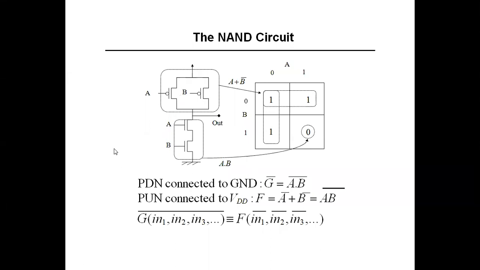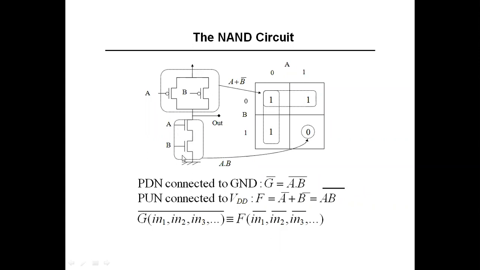Now what happens with the pull down network with the condition A 0, B 1? As A is 0, this gate will be an open switch, and B is 1, so this NMOS is in conduction, but it is nowhere connected to the output, because the intermediate NMOS is an open switch.